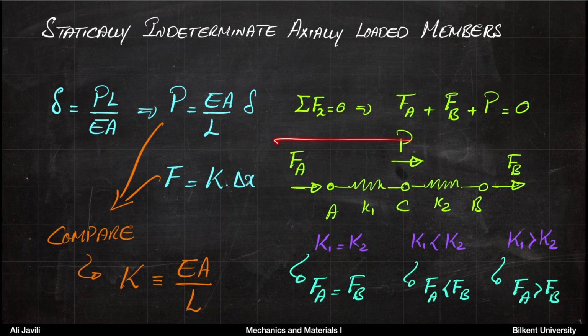So this analogy with the springs is not far from what we want to do with axially loaded members. And also you can imagine, for instance, if you have a one-dimensional structure or a truss member, you want to define some sort of effective stiffness for that.